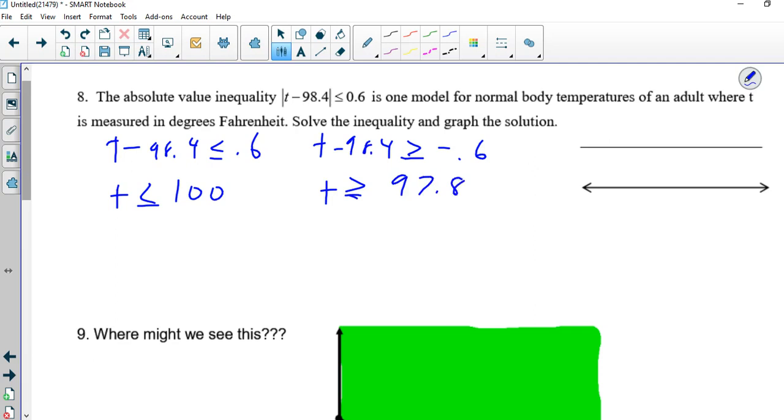Okay? So that means T has to be greater than or equal to 97.8 and less than or equal to 100, in that range. If I was putting it in interval notation, 97.8, 100 with brackets.